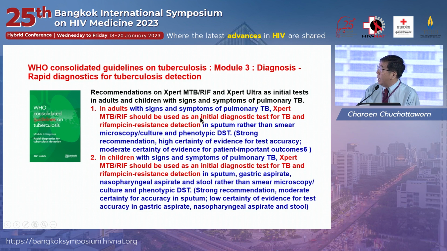And nowadays there are 2 versions of Xpert, and the company tried to substitute the first version, the MTB/RIF, with the Xpert Ultra. The difference between these 2 techniques is that the Xpert Ultra, the new version, uses IS6110, which is a multi-copy target in the bacteria, 3 to 25 copies, for detection of the MTB DNA.